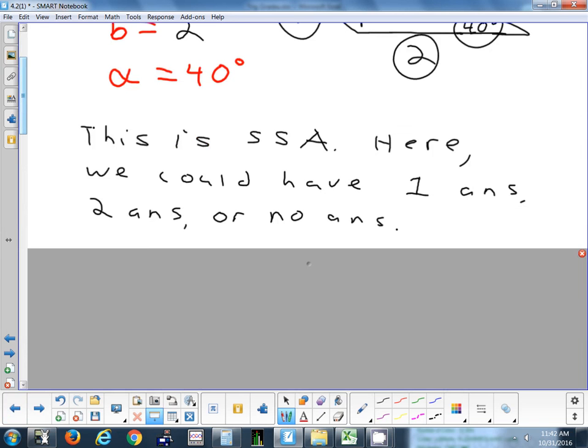We start to solve it, and then we realize for some reason it cannot be solved, and there's no solution. It's not that two answers or no answers are harder or easier. Basically, two answers just takes longer. You have to do everything you're doing twice. And no answer is just faster, because you realize really quickly there's no solution.